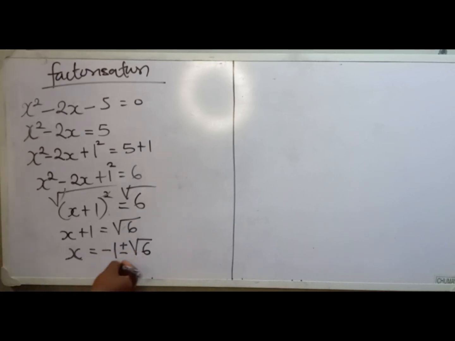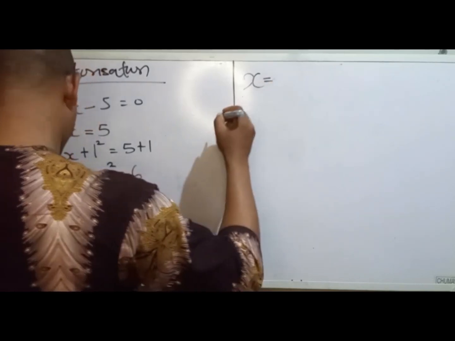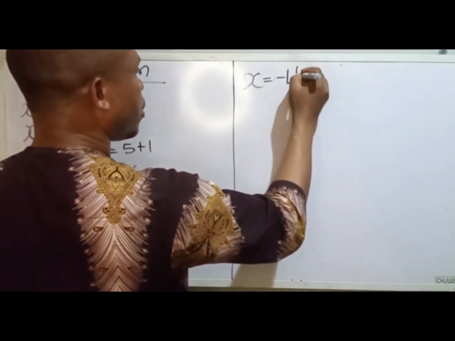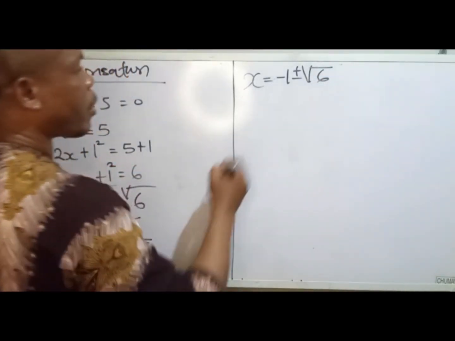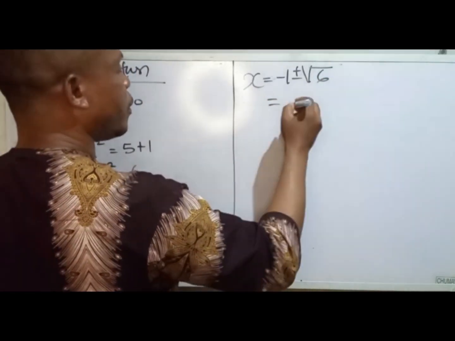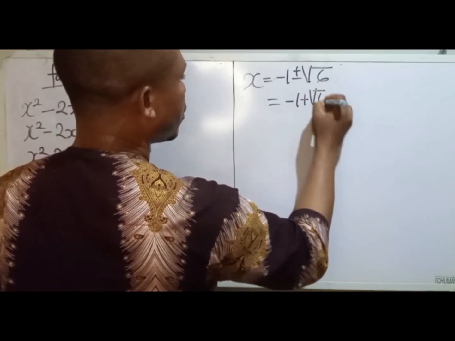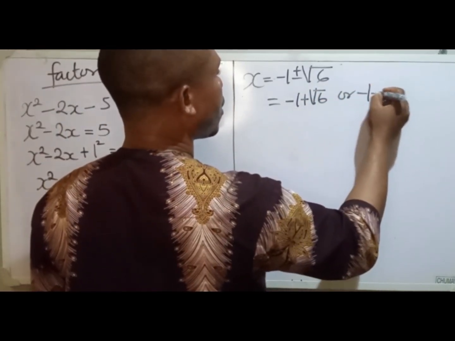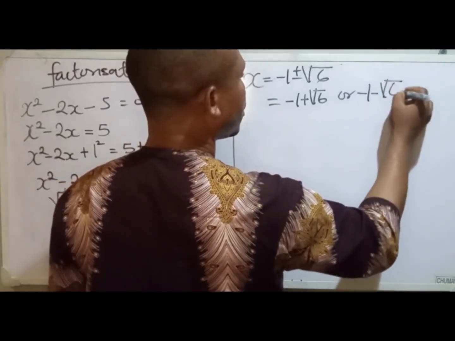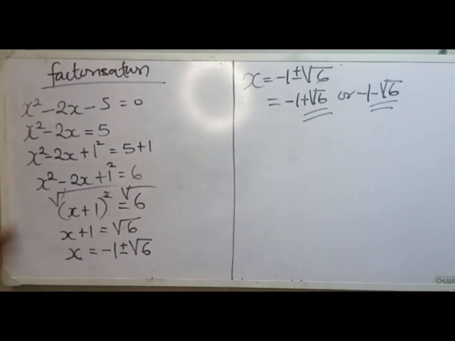So I'm going to bring it over to this side of the board, which gives me minus 1 plus or minus root 6. So my roots now are minus 1 plus root 6, or minus 1 minus root 6. Those are the roots of this equation.